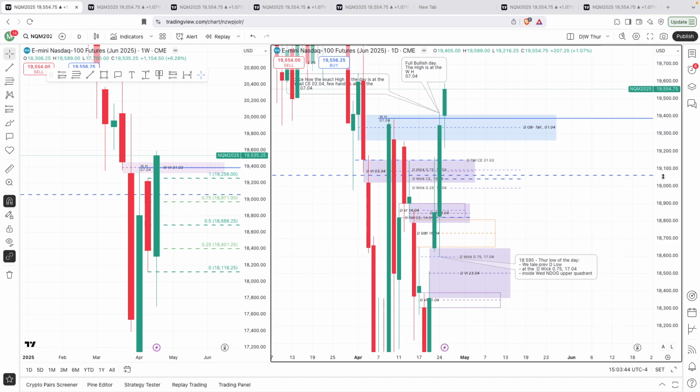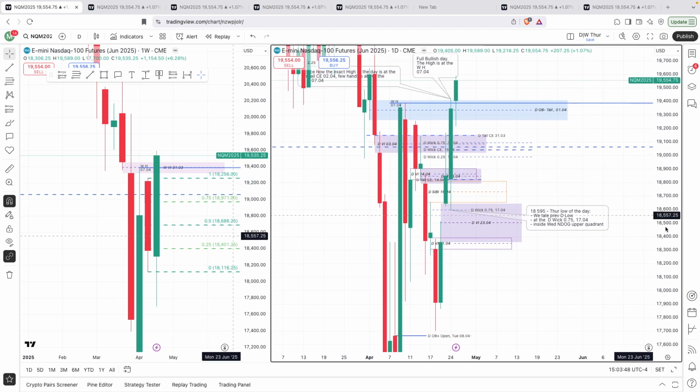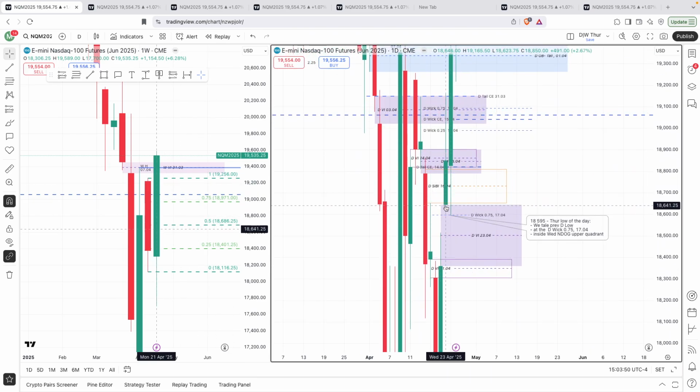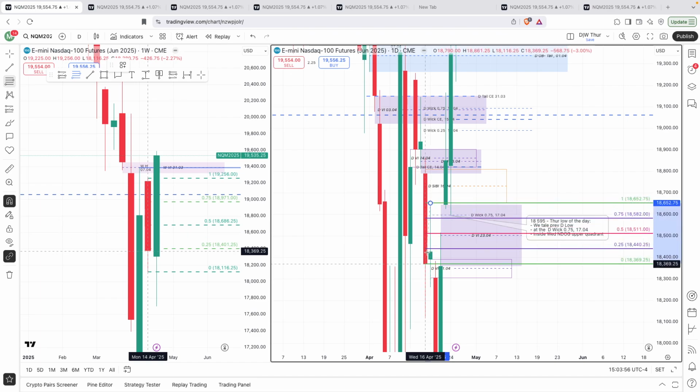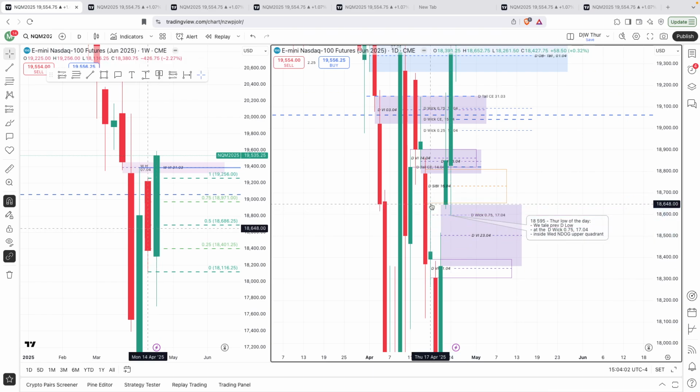So Thursday was actually the move of the week. So we see how we come down, we take the Wednesday low, and we stop perfectly at the 75 of the daily week CE, of the daily week from 17 April. Then we come higher.